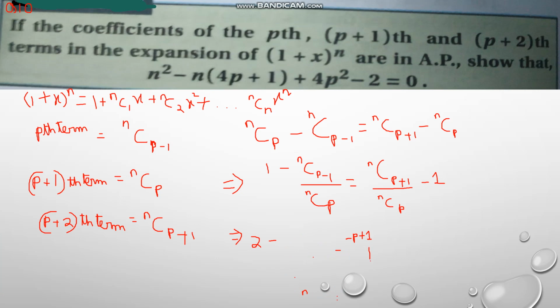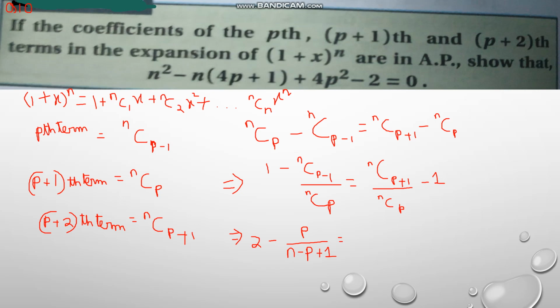This expression needs to be rubbed out, and the main expression from which we will be able to solve the question needs to be written. Then the main expression will be p by (n minus p plus 1), and this will be equal to... I have already taken the minus 1 to the left-hand side, so it will be in the next expression.